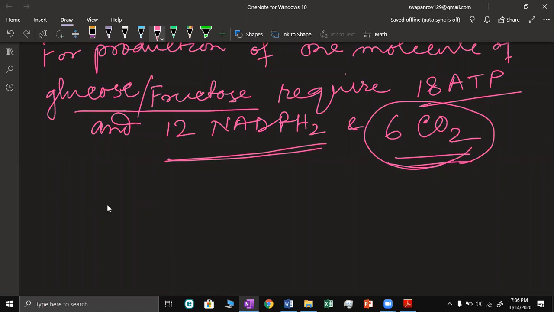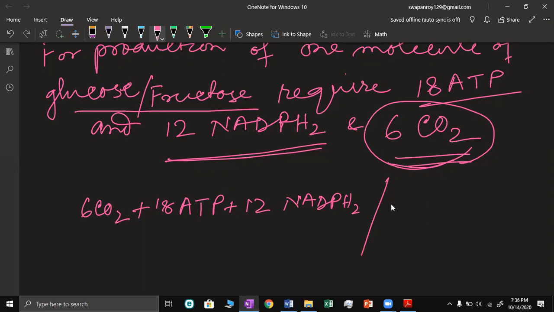So you can write this: 6 carbon dioxide plus 18 ATP plus 12 NADPH2 per molecule of glucose.